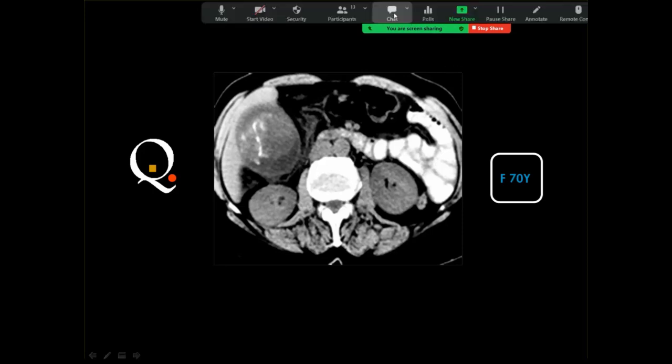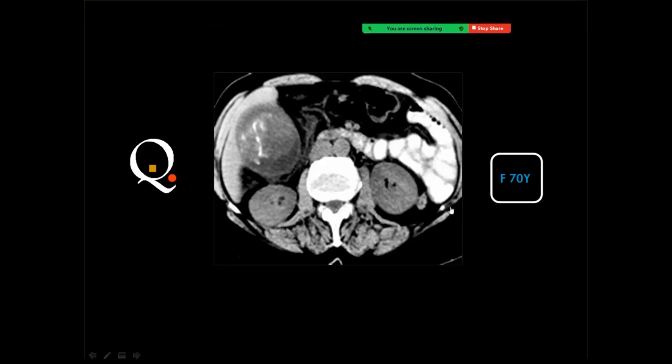If you look carefully at this study, you can see that the gallbladder is distended with a big mass inside the gallbladder, and the mass showed some linear calcification. And you know that any gallbladder mass should be suspected as carcinoma until proved otherwise.